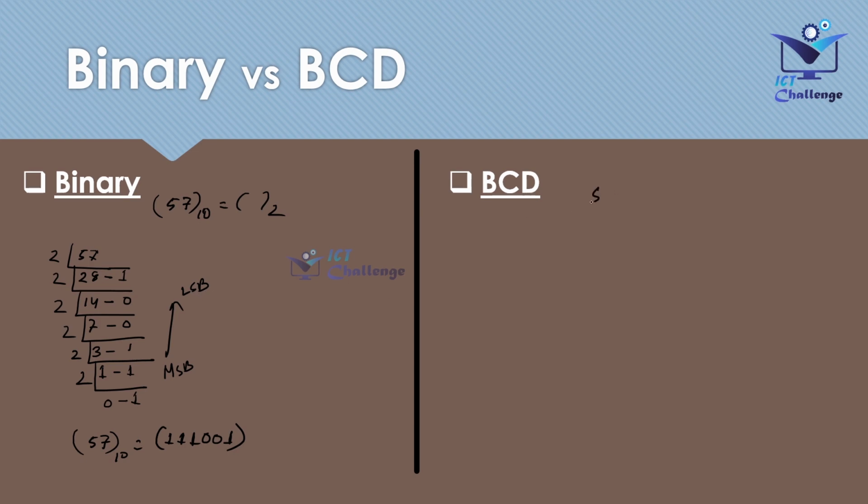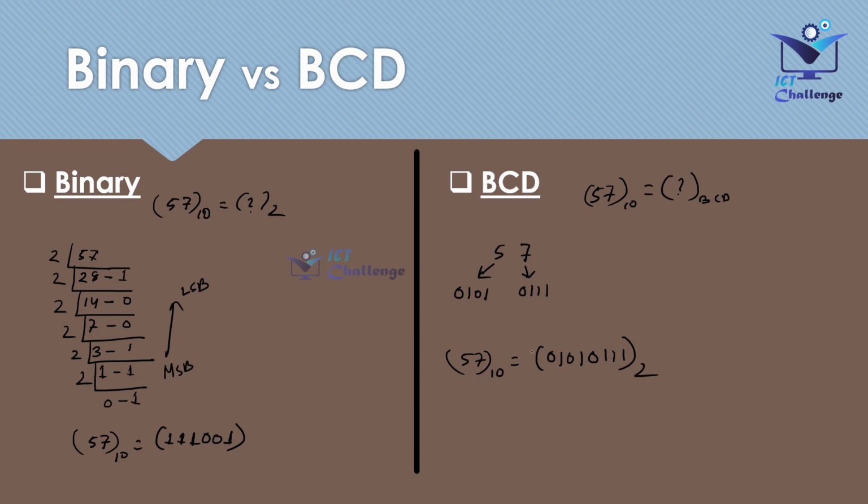Now if we find the BCD for the same decimal number, what will you get? So you need BCD. So here 57. If you do this conversion, you will get 0101, 4-bit for this 5, and for this 7 you will get 0111. So ultimately the result is 57 and 0101 and 0111.